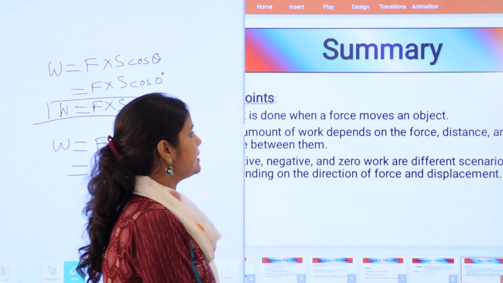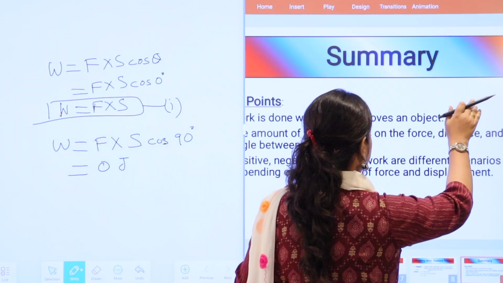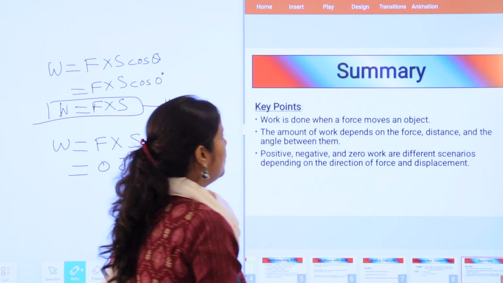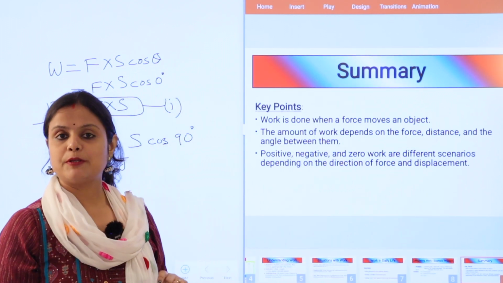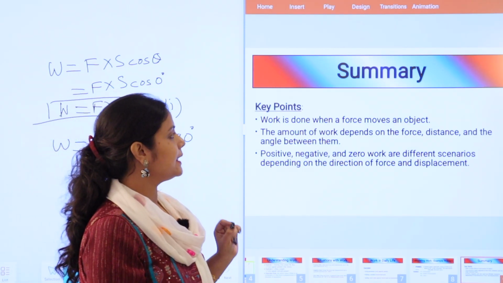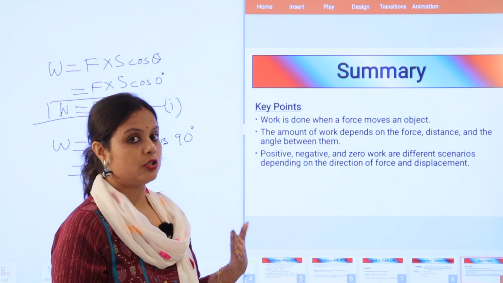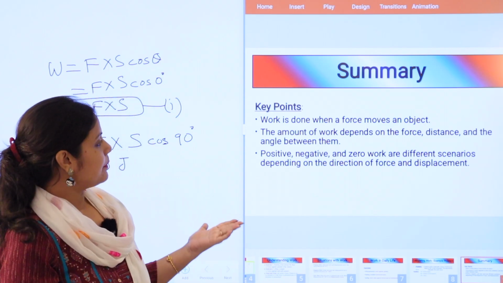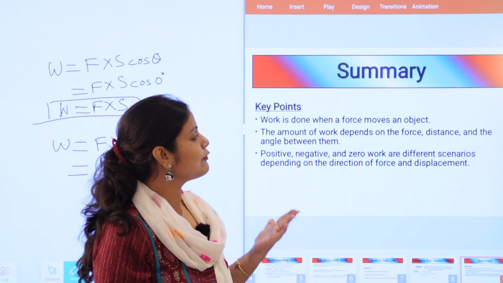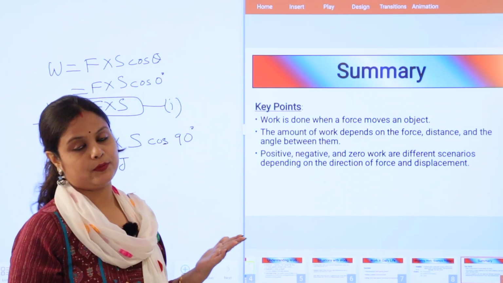Now students, let us summarize this entire thing. What are the key points that you have to keep in your mind? First point, work is done when a force moves an object. That means no displacement, no work is done. Second point, the amount of work depends on the force, distance and the angle between them.